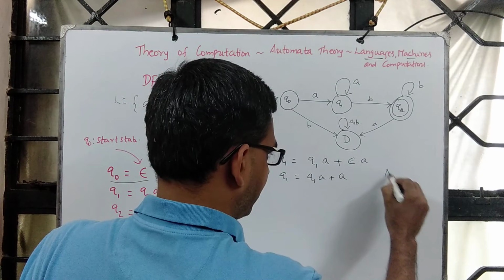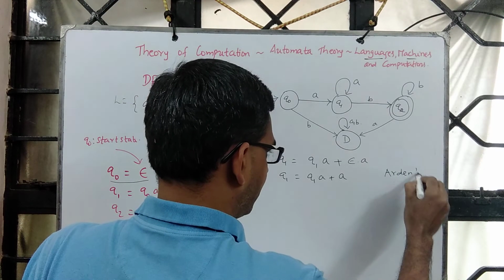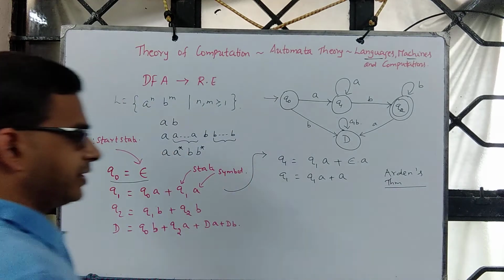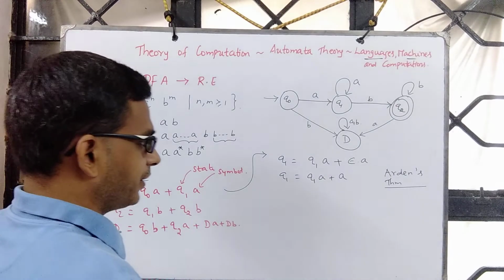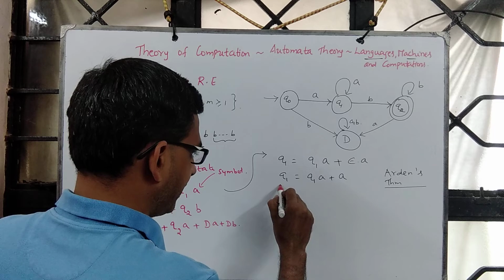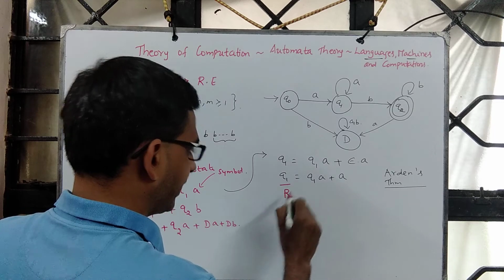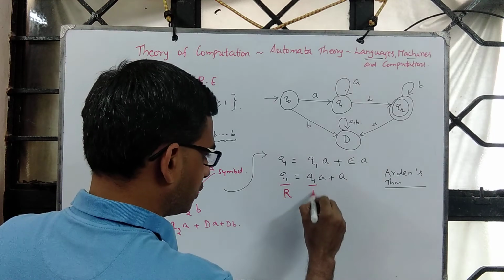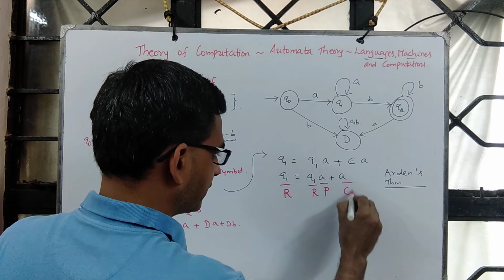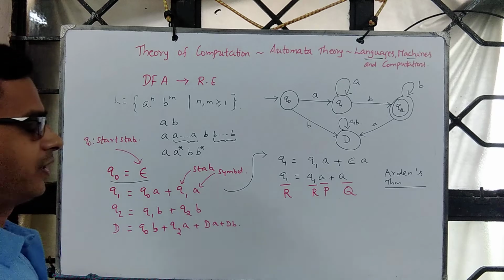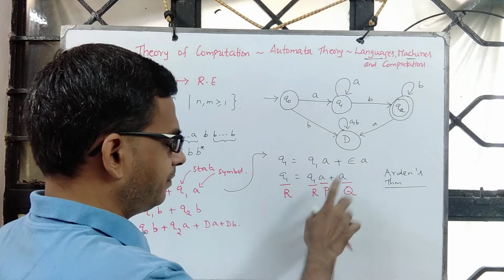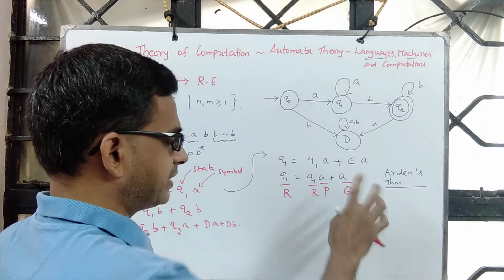So there is a theorem by Arden. Arden's theorem says you look at this expression as something like R, this is also R, this one is P, this one is Q. So R represents the state, P is some expression, Q is some sub expression.